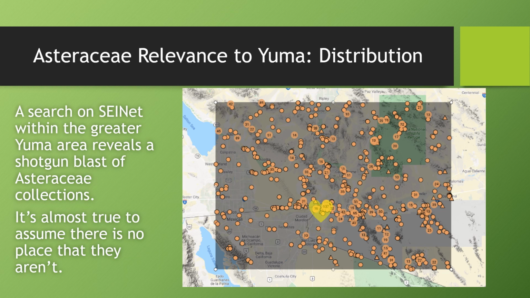It's more a question of not where are there plants in the family, but where are there not plants in the family. It's very broad and deep in its coverage in the Yuma area. So yes, it has real significance. I would venture to say by all means it's the most common family we're going to encounter here in our area.